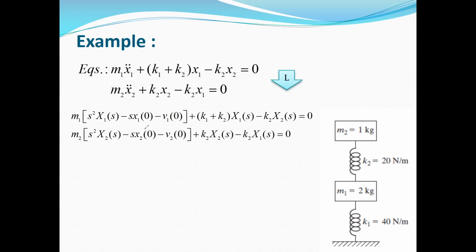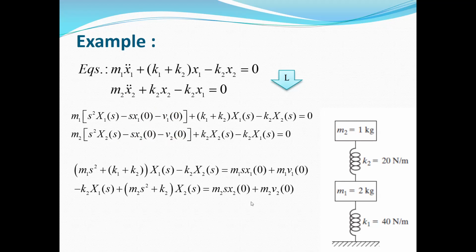But this time these initial conditions are not zero, only the velocities are zero, so this term is zero, this term is zero, but x1 and x2 are not zero, and we can substitute from the initial conditions, and then we can extract the system of algebraic equations in Laplace domain.